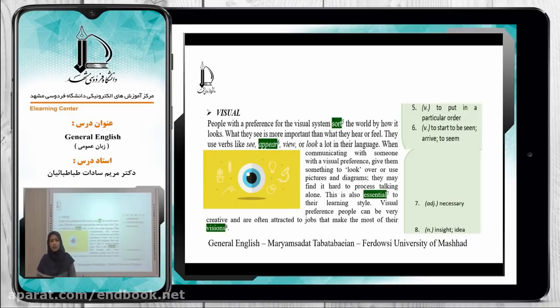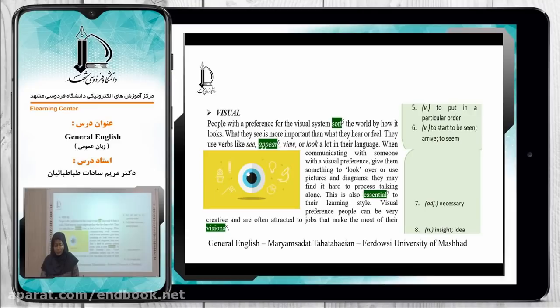What is essential? It means necessary. You see it in the glossary. So, it is necessary for them actually because their learning style is also visual. They learn by seeing. Learning style is سبک یادگیری, so that's how they learn.